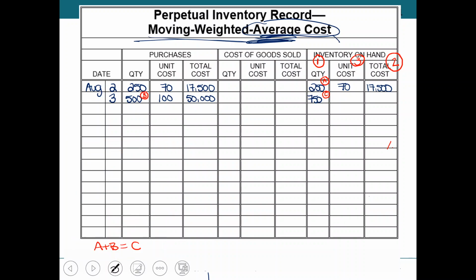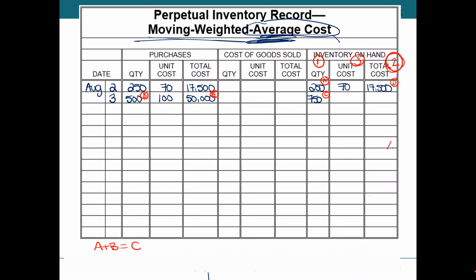So once we figure out the quantity, like I said, number two, we go to the total cost. And we just follow the same thing. So we'll call this D. Our total cost over here is E. Sorry, that's really small.